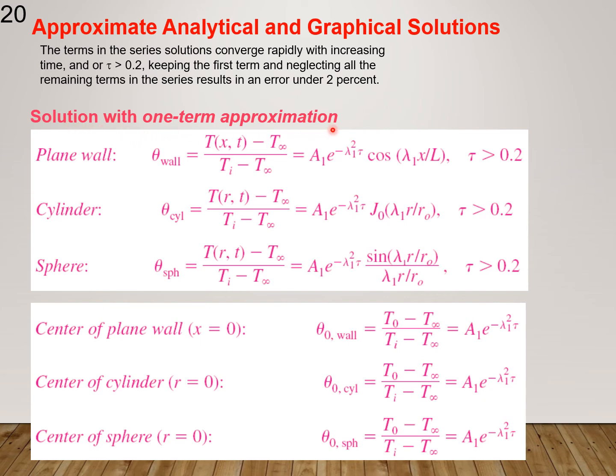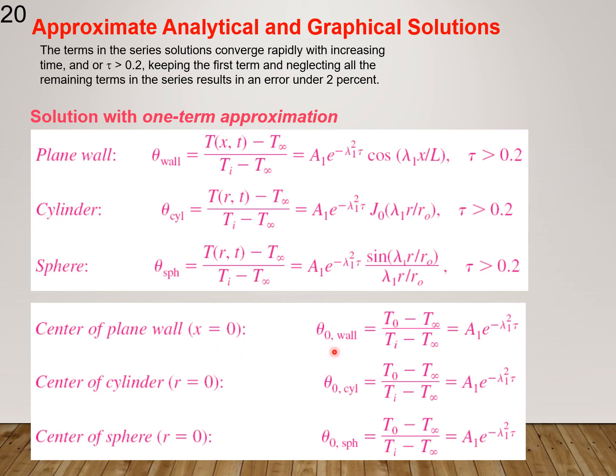Solution with one term approximation: for the plane wall, theta wall is equal to T of x,t minus T infinity upon Ti minus T infinity, which is equal to A1 e to the power minus lambda1 square tau cos lambda1 x by L, where tau is greater than 0.2. Similarly for the cylinder, this equation, and for the sphere, this equation comes out.